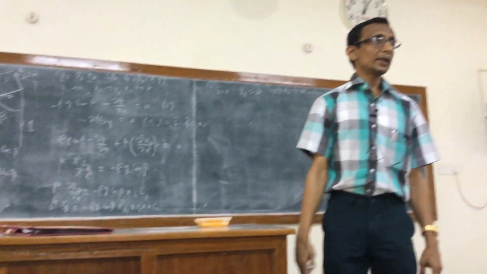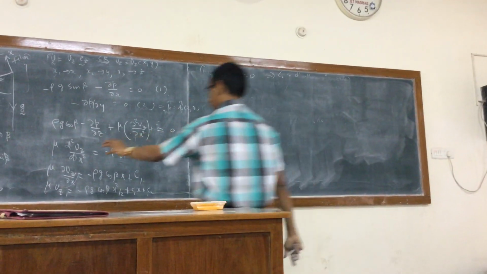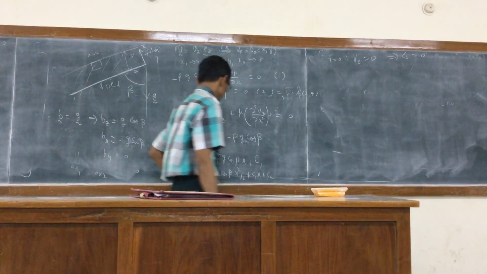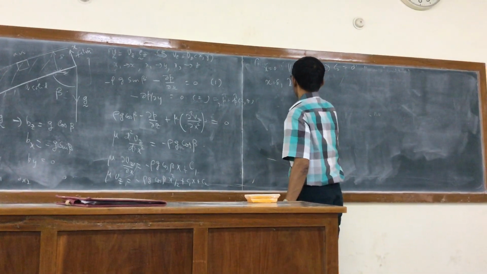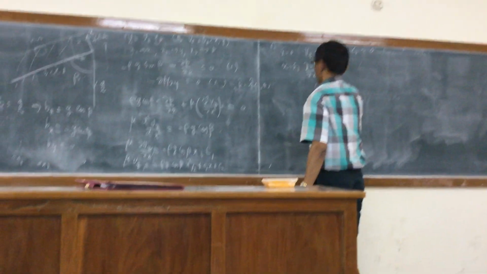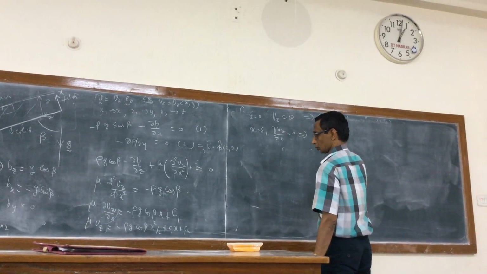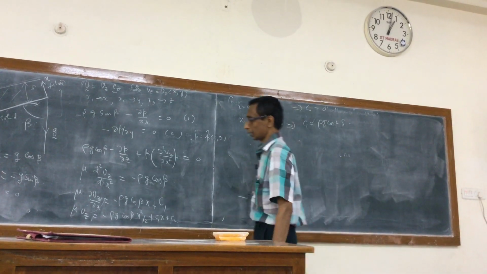Now, dVz by dx is also 0 at x equal to delta. So I look at dVz by dx equal to 0 at x equal to delta, which implies that C1 is equal to rho g cos beta delta.